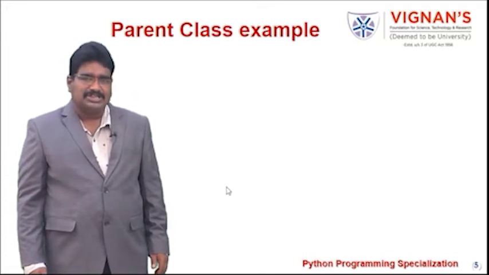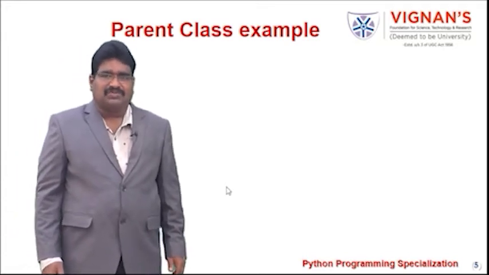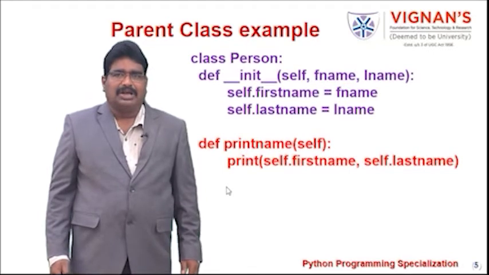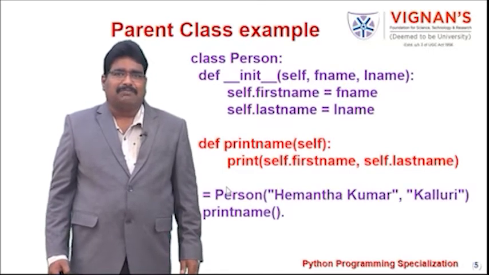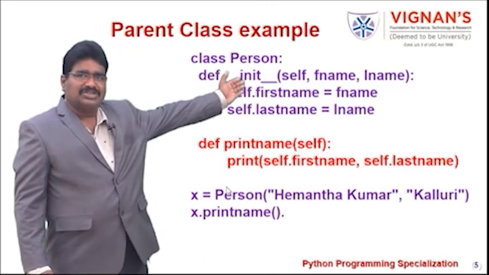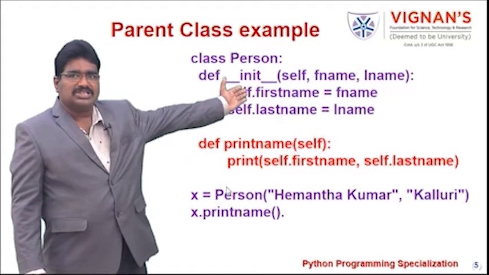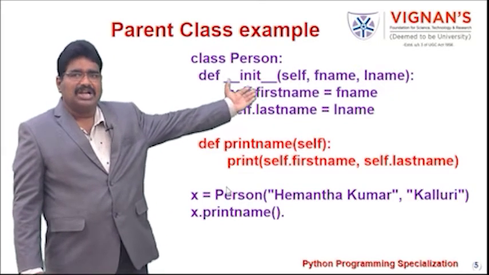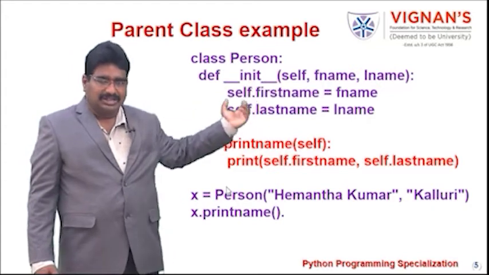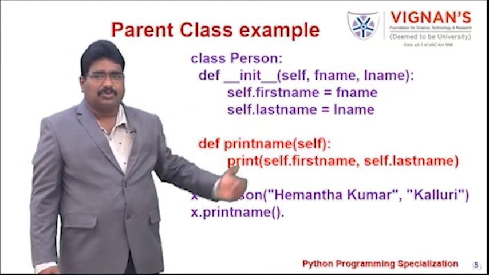The class name is Person, with the attributes first name and last name, and the method name is print name. So here this is the definition in Python. Class Person: class is a keyword and Person is the name of the class, and __init__ is the constructor in Python.